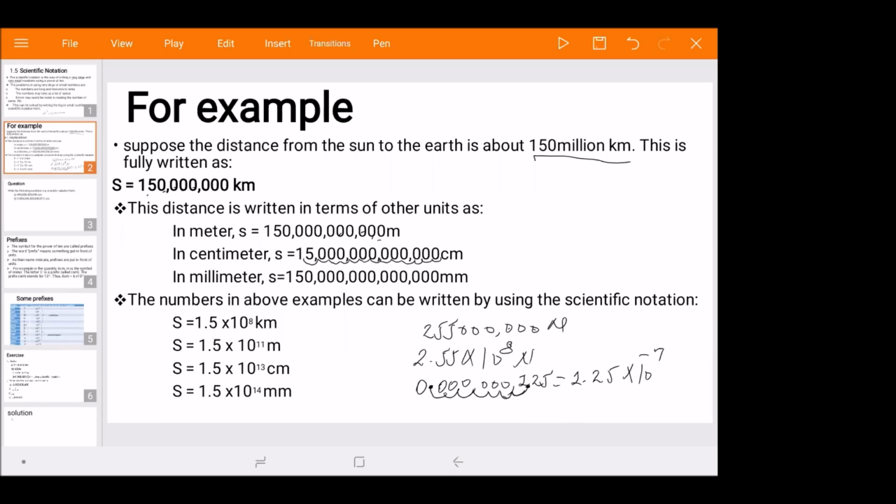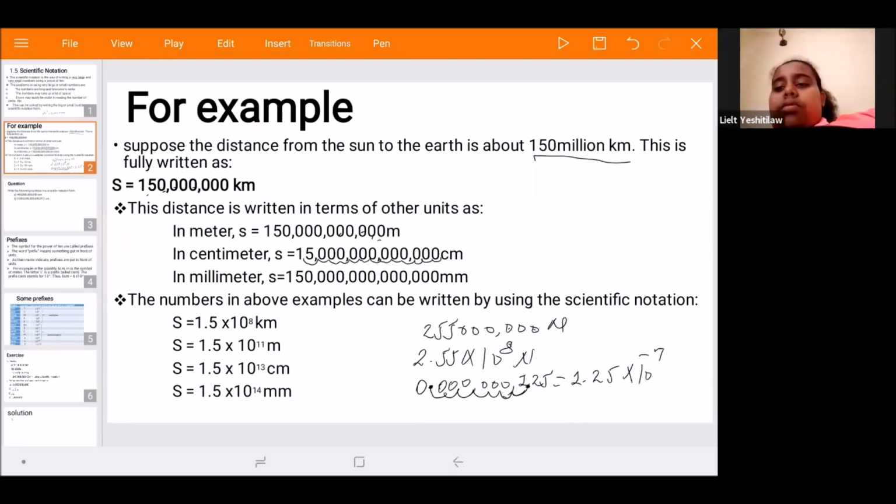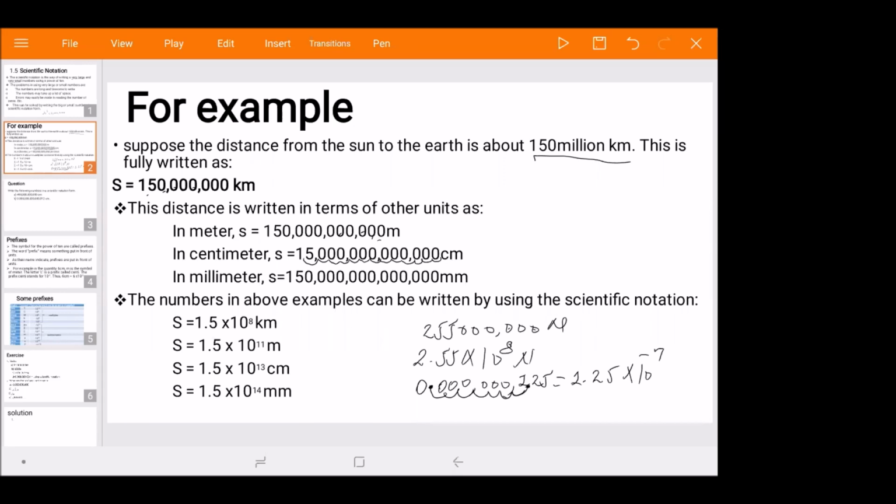So by using scientific notation, we can write a very large number or a very small number in what form? In scientific notation form. The advantage of this is, one, it saves space, and it avoids the number of zeros which occur when you read.